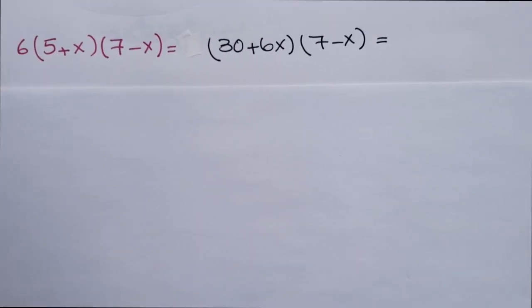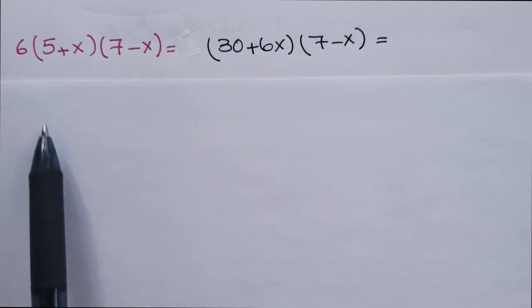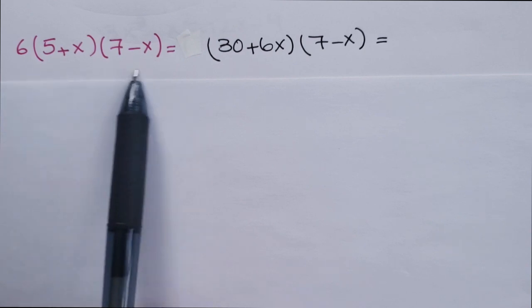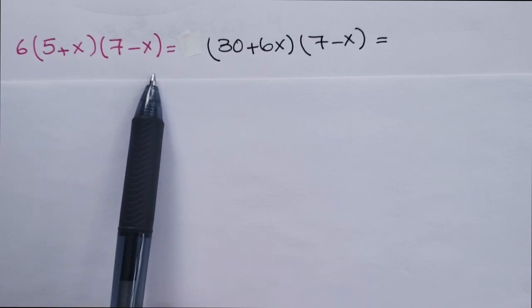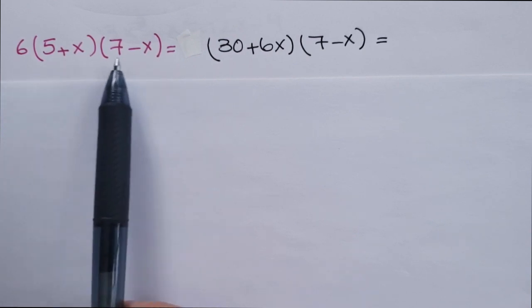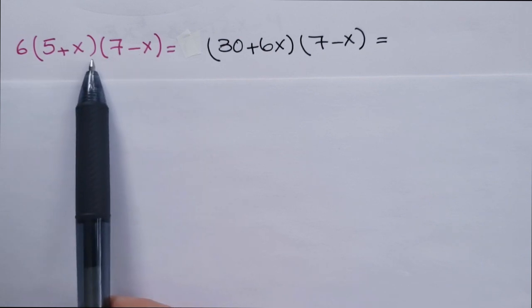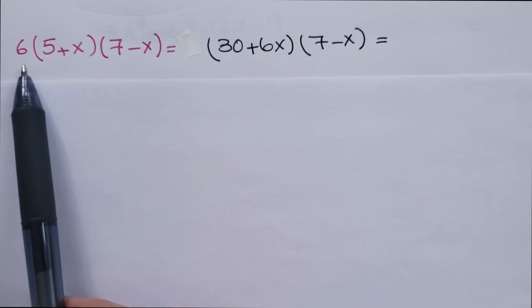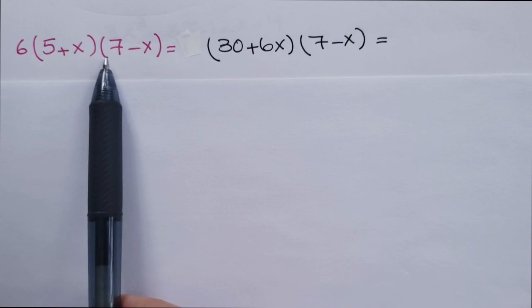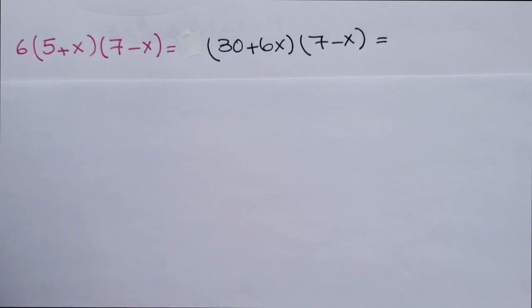For the next one, we have two brackets, but then we also have a constant in front of the two brackets. What I can do is a FOIL on these two brackets, then simplify, rearrange, and then multiply the 6 to the final bracket.